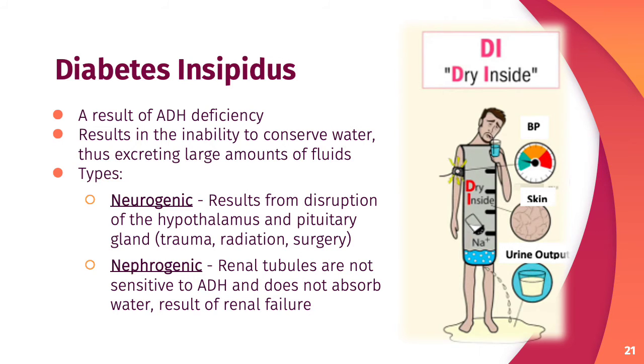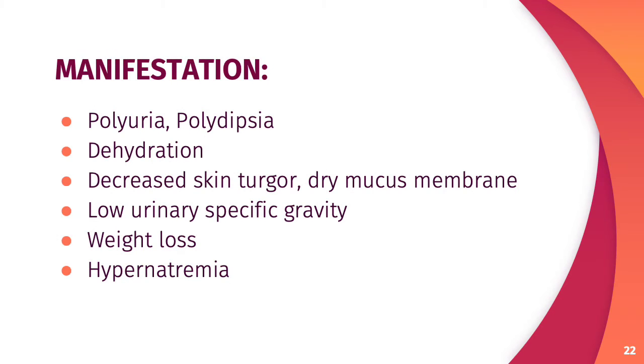Some of the manifestations of DI, or diabetes insipidus: you have polyuria, as mentioned a while ago, wherein you'll be excreting large amounts of urine. In some instances, you can excrete as much as 12 liters per day. You also can experience polydipsia, meaning the person has extreme thirst and tends to drink large amounts of water.